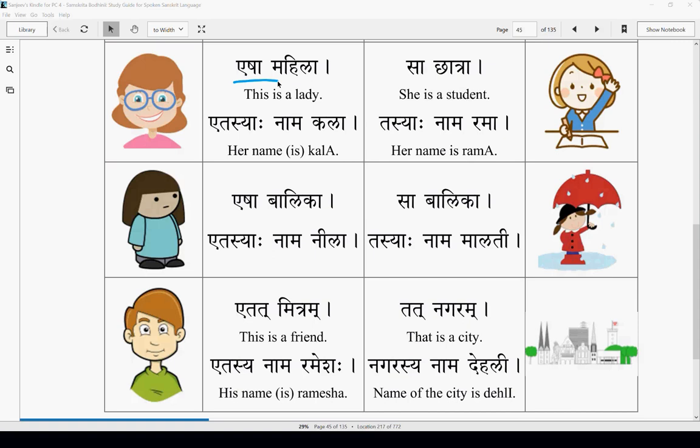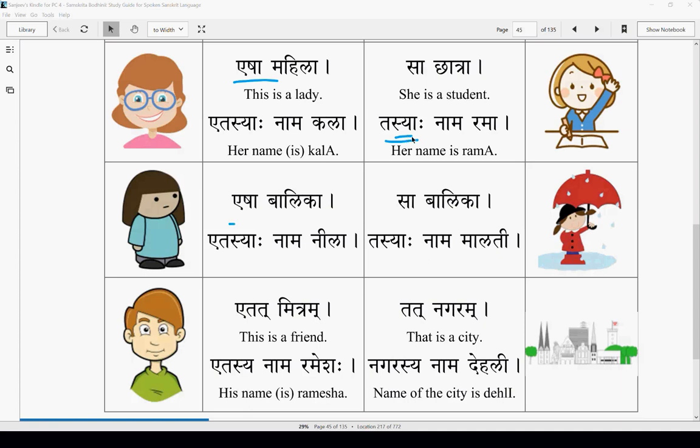Yeah, Kala is correct. Okay. Sa Chhatra. Tasya nama Rama. No, what is this? Read it properly. It is not tasya. Sorry. Tasyaha. Yeah. Tasyaha nama Rama.